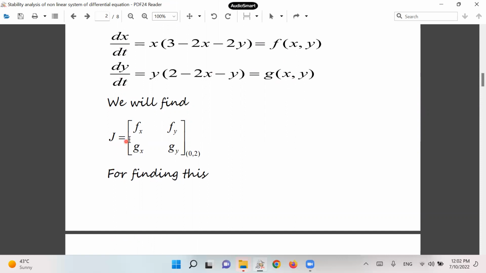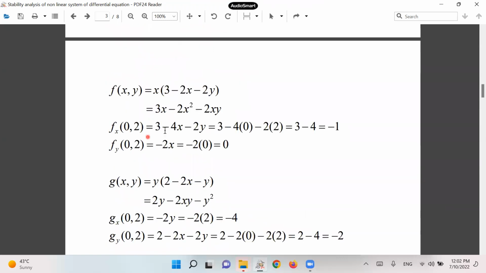The J matrix is of the form where we take the partial derivative of the first equation with respect to x, and the partial derivative of the first equation with respect to y. Similarly, the second row will be the partial derivative of the g function with respect to x and the partial derivative of the g function with respect to y, at the critical point 0, 2. Now we are going to find the partial derivatives.